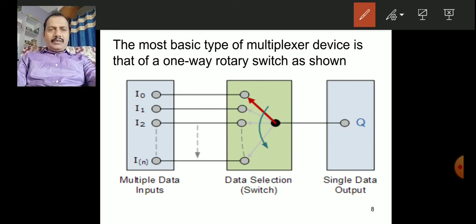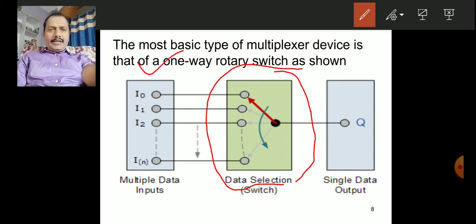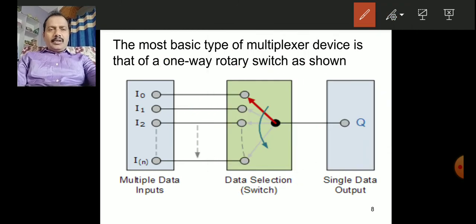This is the multiplexer. These are the inputs I0 to IN, that is n number of inputs. Then this is a rotary switch. You see how it works? Based upon the rotation, it will be connected to one of the inputs, hence that input has a path to the output.